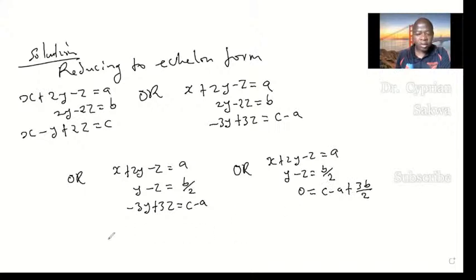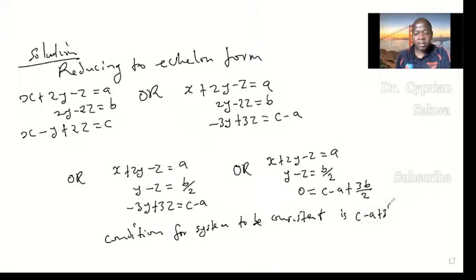So the condition for this system to be consistent is that the right side, c minus (a plus 3b) out of 2, should be 0.